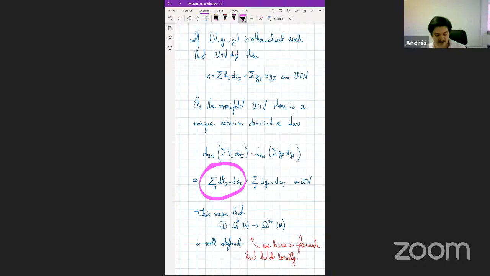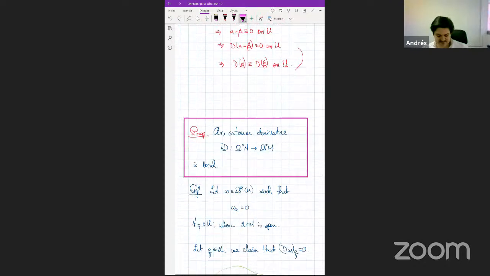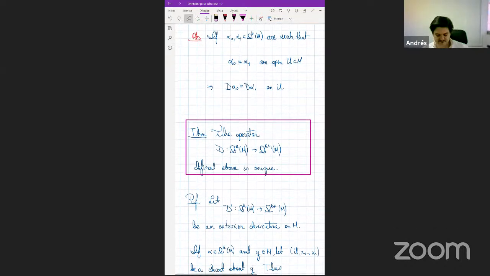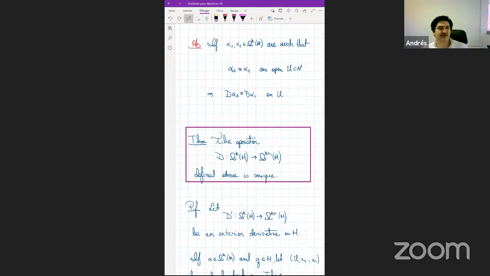And now let's prove that it is unique. So let D prime be another exterior derivative on the manifold. Because this is also an exterior derivative, all that we have said also holds for D prime. So D prime is also local and so on.